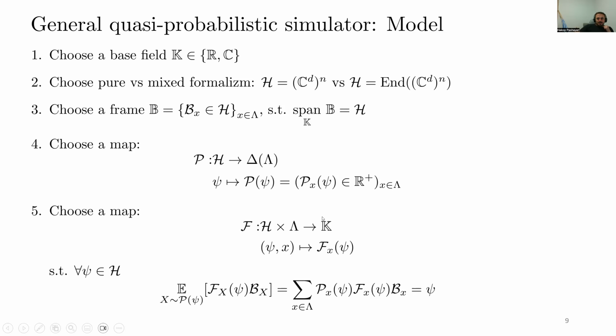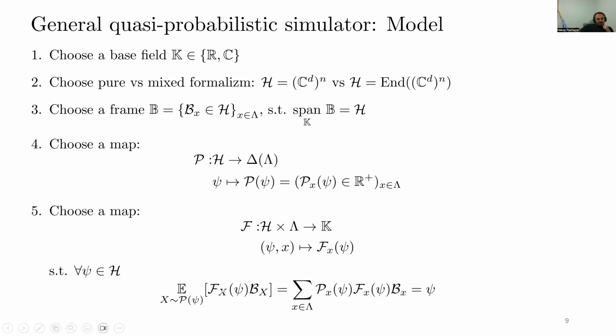And there's a complementary map F, which maps the Hilbert space and points in the phase space to elements of our field. It takes this state and a point in phase space, and gives you some number. The requirement is that the expectation value of this constant times our phase point operator, when the phase point operator is sampled with respect to the probability distribution, should be psi.